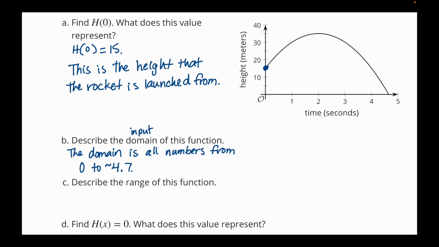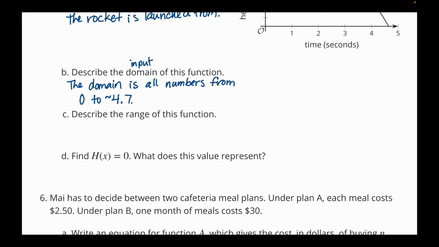So it does cover all of these heights in between and then all the way down to 0 because it does land on the ground. So even though it starts at 15, we're not looking at where it starts left to right. We're looking just at the lowest and the highest point. So it's going to be all numbers between 0 and 35.